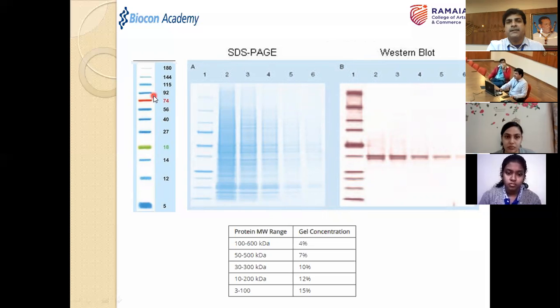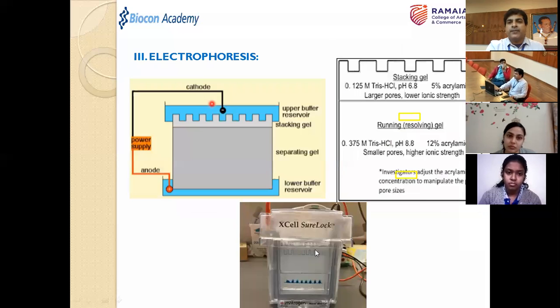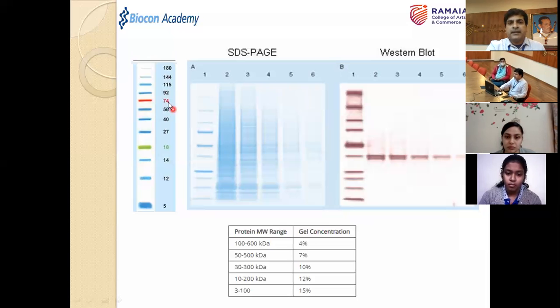Maybe in Syngene you can see these markers when separated. As I told, you cannot make out when the gel is running, but if you use the pre-stained marker, you can see when the protein is running. The stained markers will appear like this. Okay. No need to go for Coomassie stain even before, you can make out the separation.